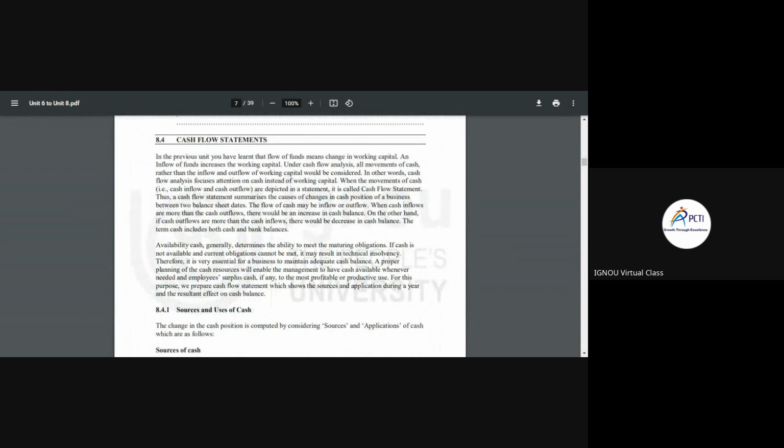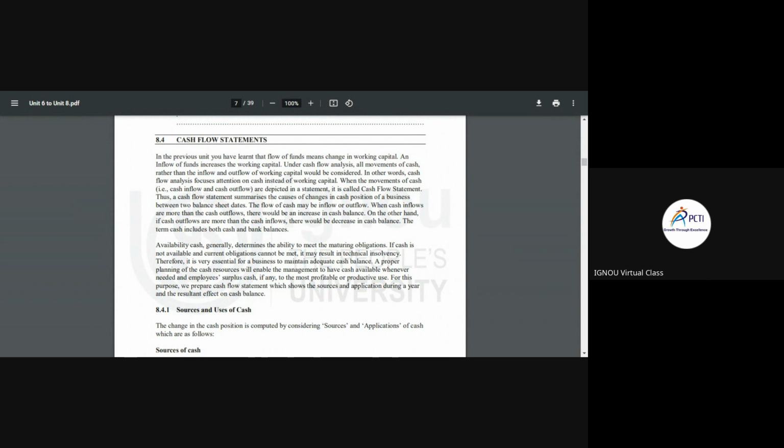Next one is cash flow statement. That means, what is a cash flow statement? Basically, the flow of funds, whether it is inflow or outflow, that particular inflow and outflow will change the working capital of a particular company, and that will be known as the cash flow.